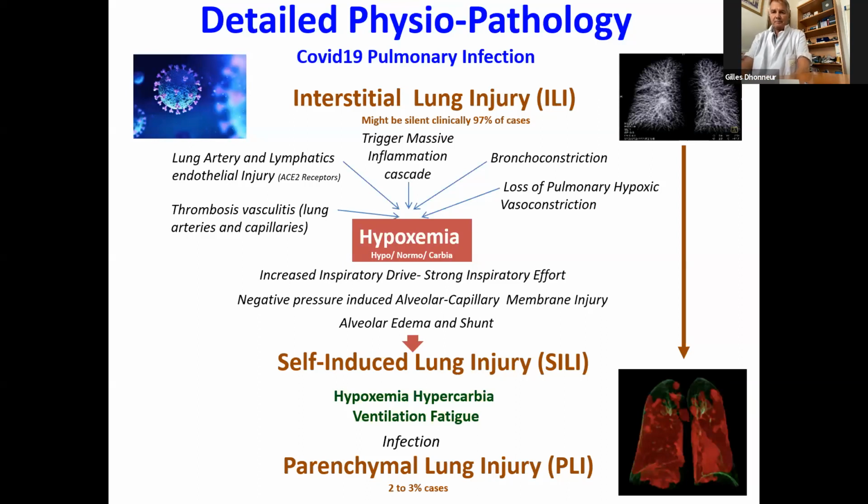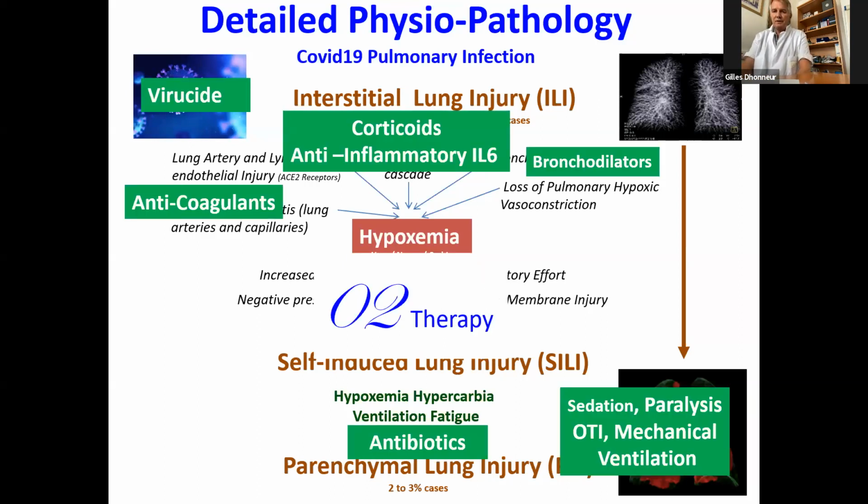Next slide. If we go to treatment of this pathology, you can see that there are some therapy: virucide, anticoagulants, corticoids, anti-inflammatory, bronchodilators, and sometimes when parenchymal injury is too important, we have to sedate, paralyze, and mechanically ventilate the patient after tracheal intubation.